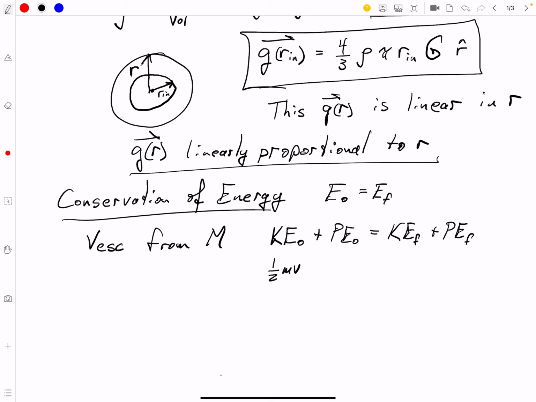So 1/2 mv squared minus MmG over r naught equals 1/2 mv final squared minus MmG over r final.